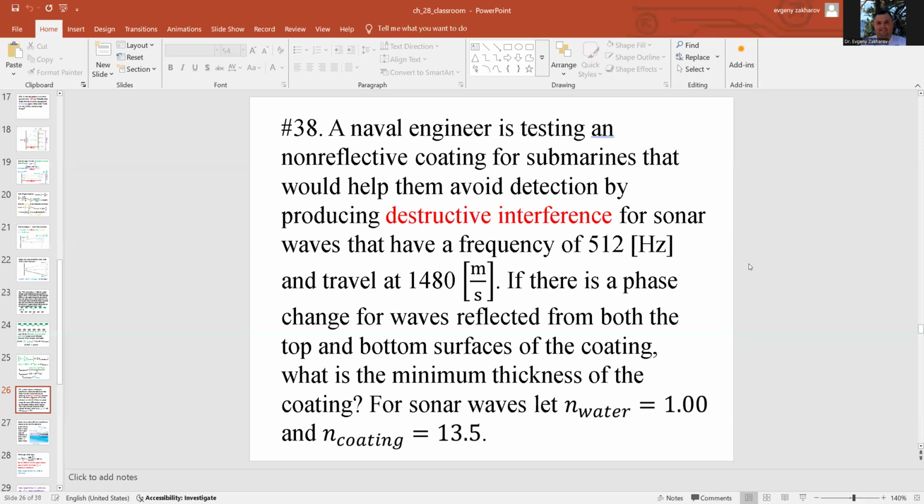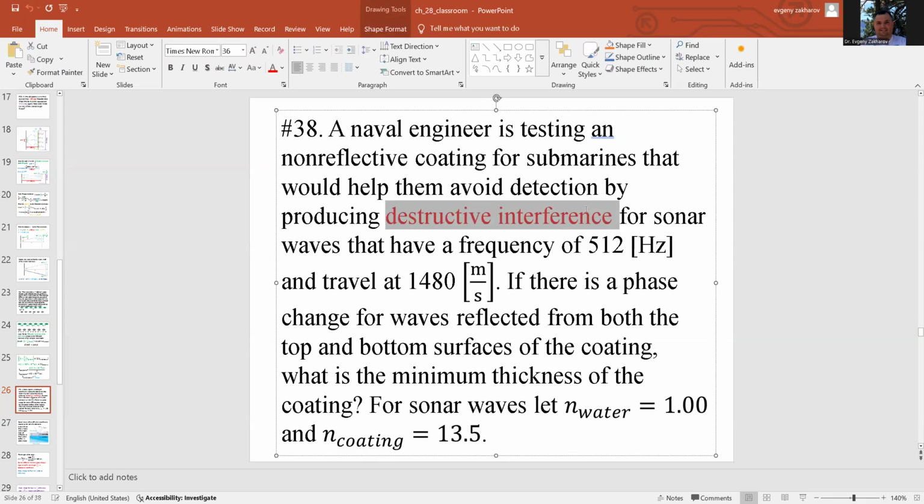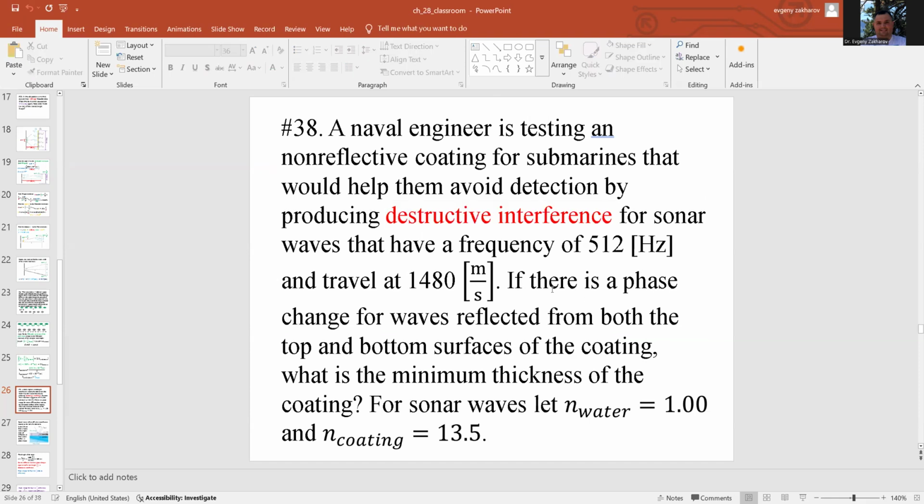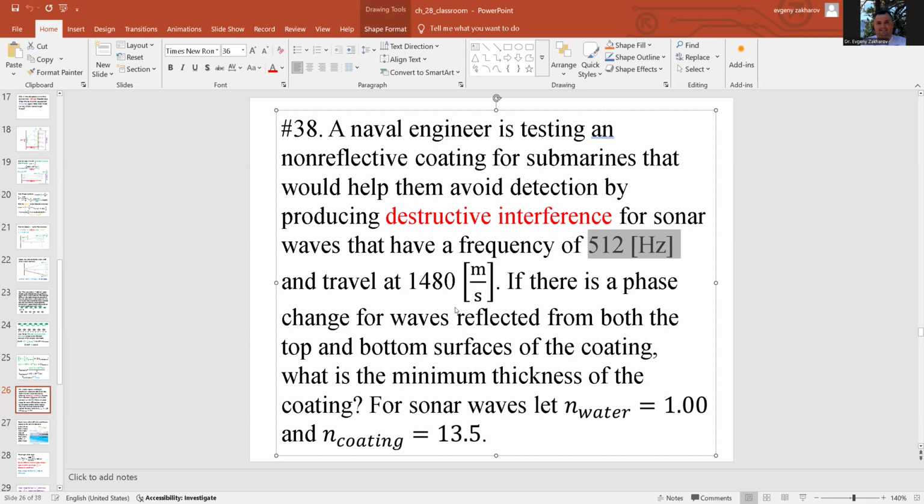Yeah, next one. We got a naval engineer testing a non-reflective coating for submarines, and that's going to help them avoid detection by producing destructive interference. So the keyword is destructive interference. The sonar waves have a certain frequency given, and they travel at a certain speed.